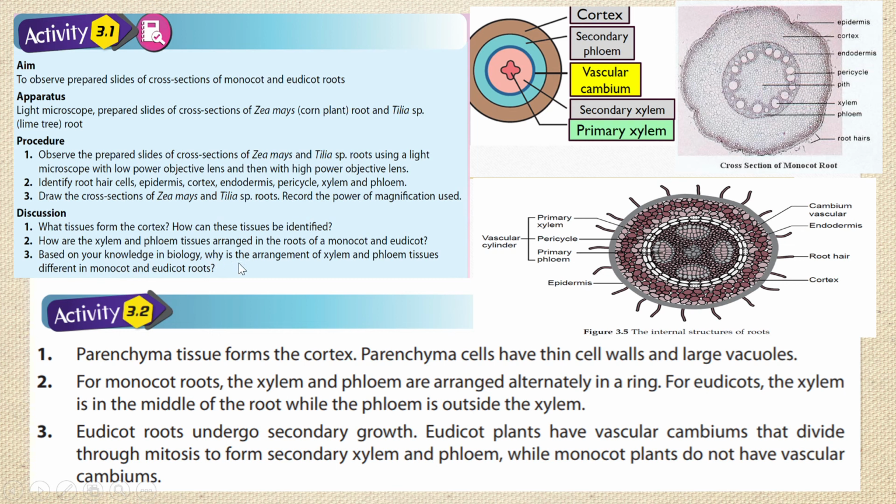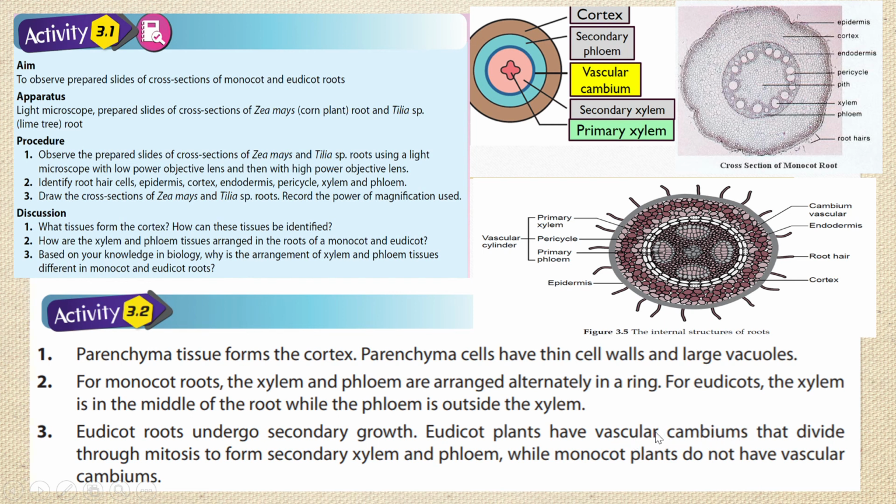Okay, question number 3. Based on your knowledge in biology, why is the arrangement of xylem and phloem tissues different in monocot and eudicot roots? Usually the eudicot roots are the ones that undergo secondary growth. So that means they have the vascular cambium. You still remember the vascular cambium, the tissue that promotes secondary growth.